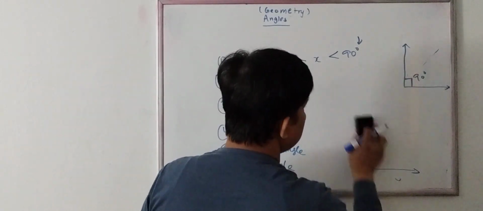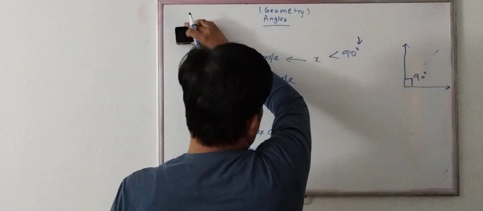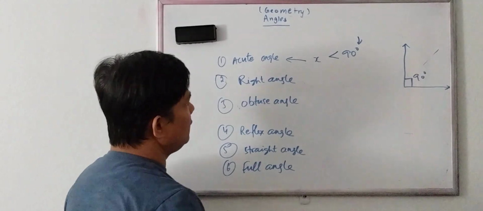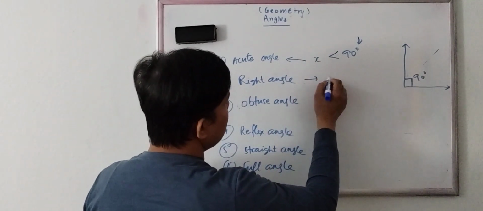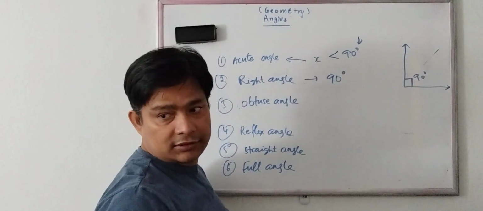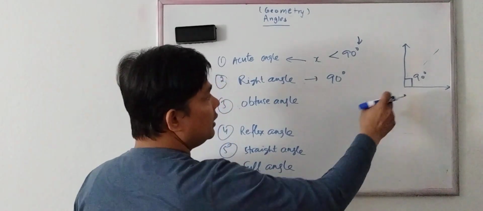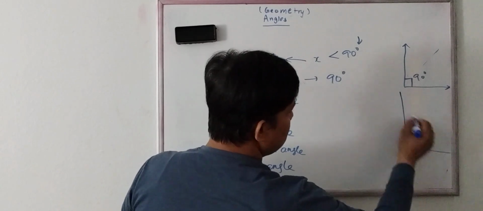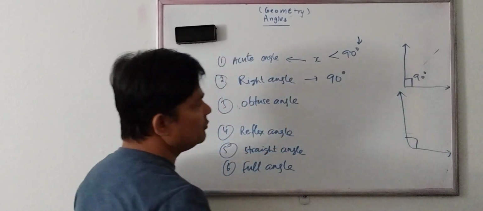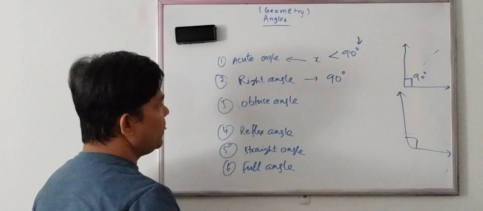So right angle, it's very easy. Two lines have to be perpendicular, and the value of this angle is 90 degrees. No more than 90, no less than 90, just 90 degrees. So if you have a shape like this, it's perpendicular, so it's a right angle.